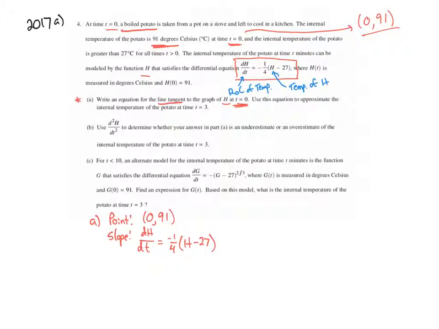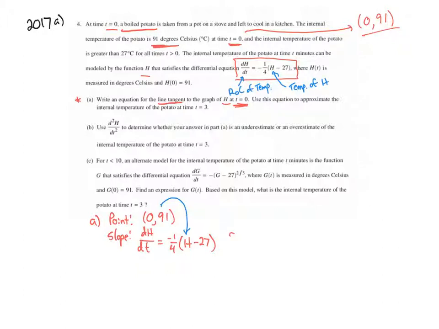But in order to use this differential equation, you might be tempted to plug 0 in for the h, because you're used to plugging in x coordinates. However, h here is 91. h acts like the y coordinate. So what we want to do is plug 91 in for our h, and take it from there.